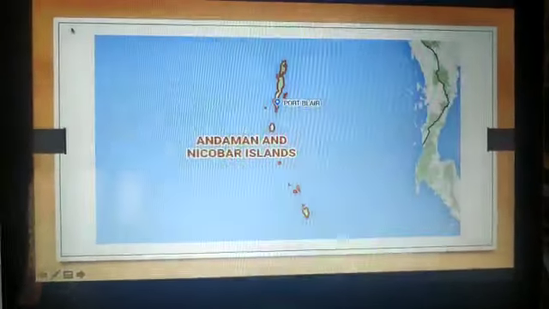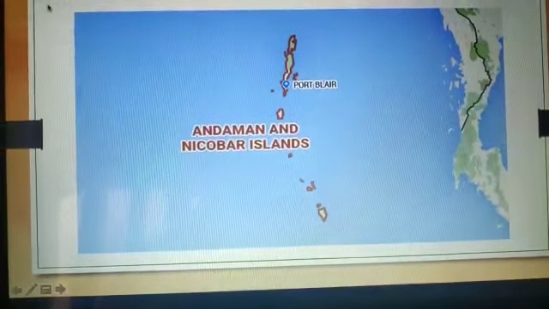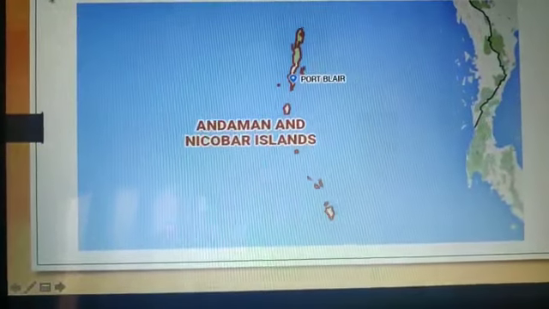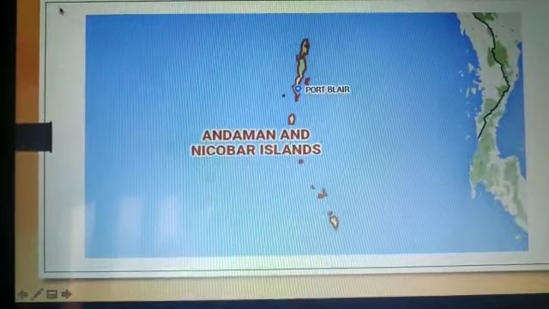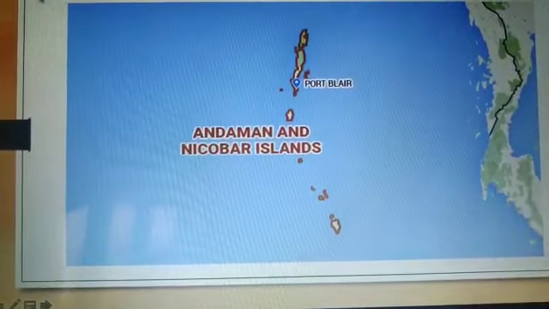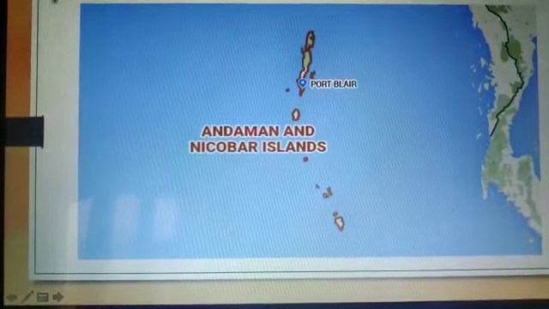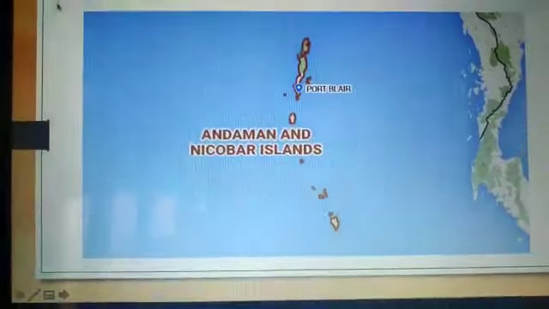Let's see the picture. The blue region is the sea, and the small dots here are the Andaman and Nicobar Islands. The capital of Andaman and Nicobar Islands is Port Blair.